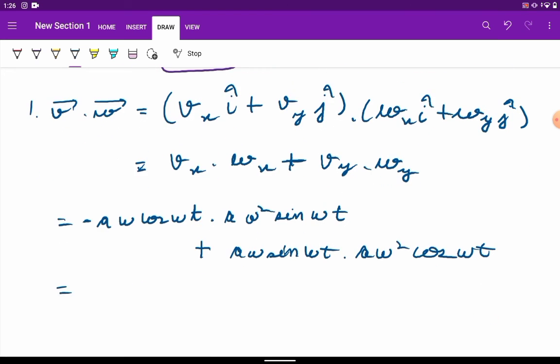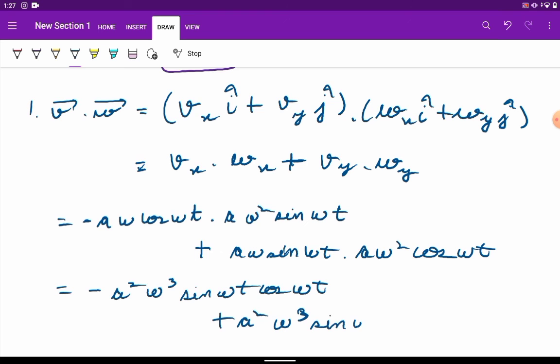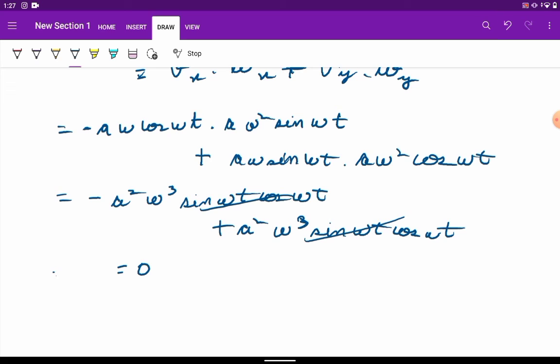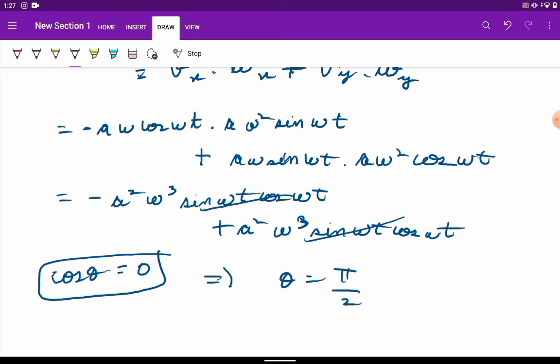So if you multiply everything, it gives me minus a square omega cube sin omega t cos omega t plus a square omega cube sin omega t cos omega t. These two cancel out. Okay, this gives me 0. So basically, if we divide it by the product of the magnitudes, it will also be 0. So this means cos theta is equal to 0. This means theta is equal to pi by 2 radians.